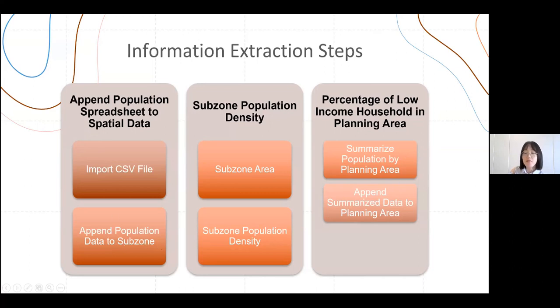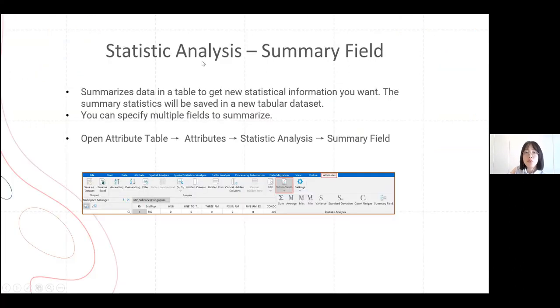And then finally, as we have those population data for each planning area, we can calculate the percentage of HDB population for each of those planning areas. And so now, first, we will have a quick introduction on the tool we are going to use for data summary, that is summary field.